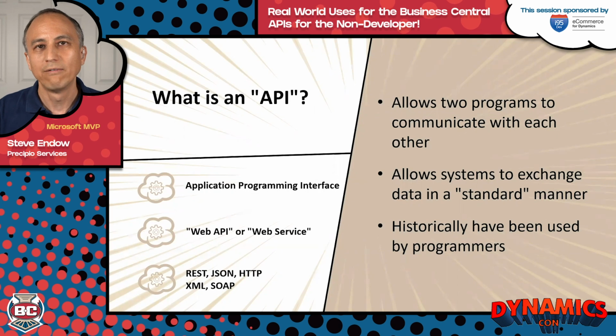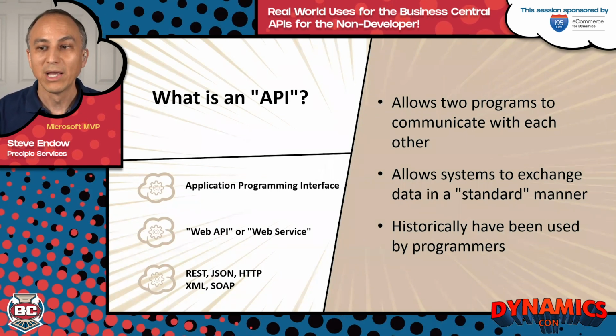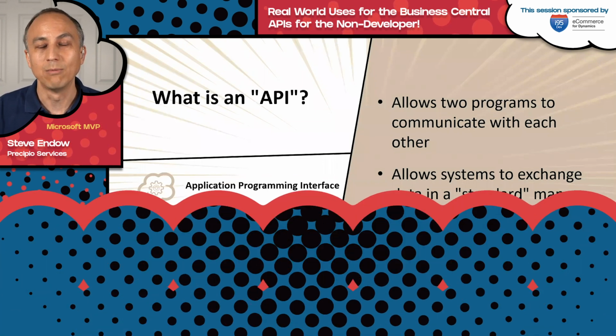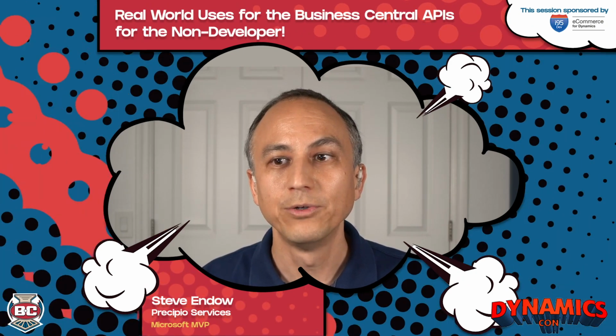Nowadays, we have what are called web APIs or web services. And what's nice about these is they have now become accessible for end users, so it's not just for programmers anymore. So these new web APIs provide new opportunities.